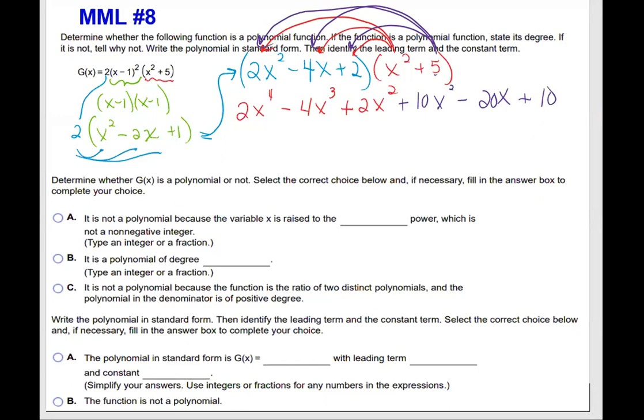And the only like terms that I have on this are these two. So my final answer would be 2x to the 4th minus 4x cubed plus 12x squared minus 20x plus 10.